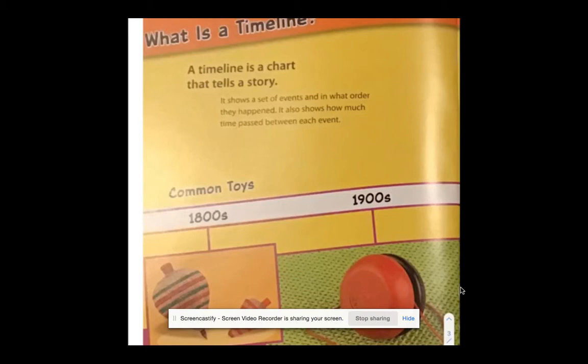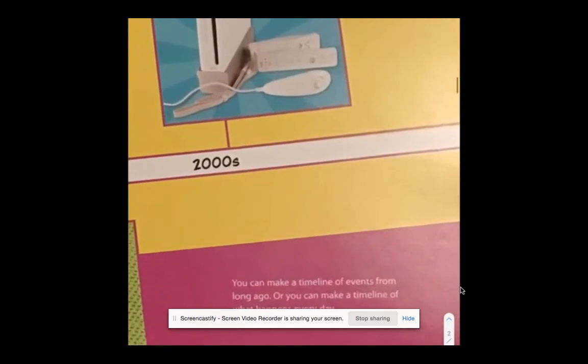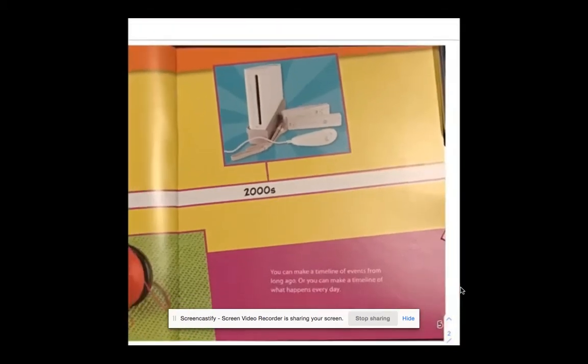Like common toys. 1800s we had the top. 1900s we had the yo-yo. And then in 2000 we had the Wii. You can make a timeline of events from long ago, or you can make a timeline of what happens every day.